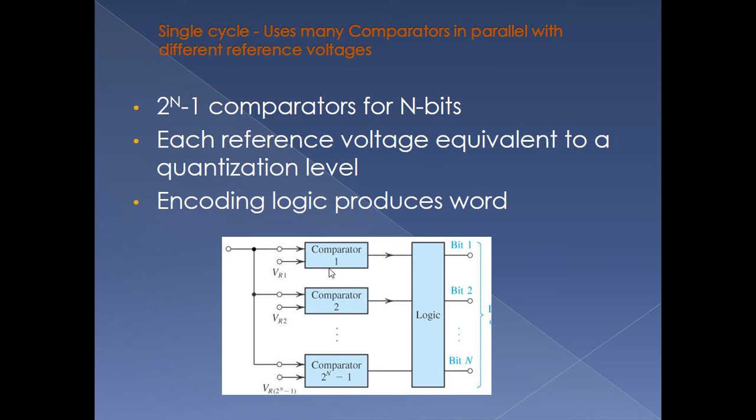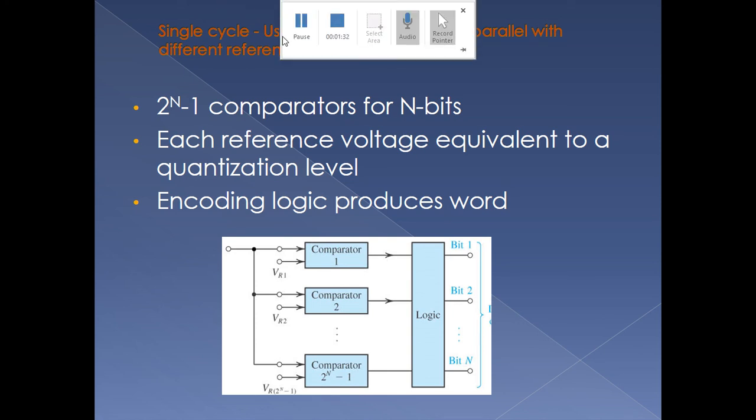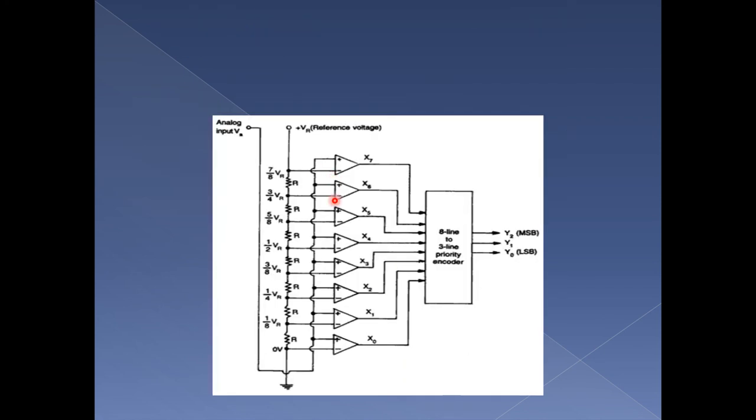So here the logic is given. The analog input is given here, and the digital output is given here. Then the reference voltage is given to each comparator, so it compares the analog input with the reference voltage, and accordingly it produces the output. Here is the circuit diagram of the flash type AD converter.